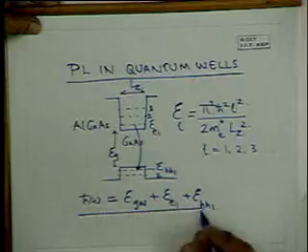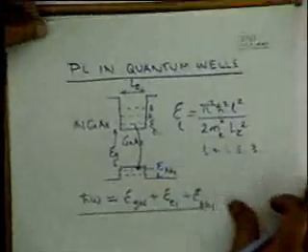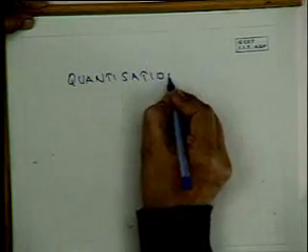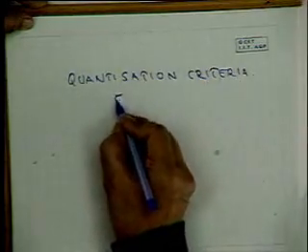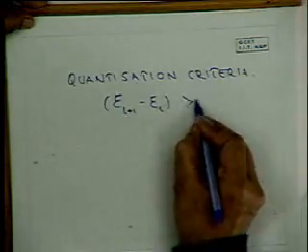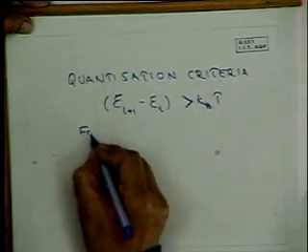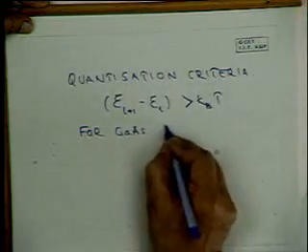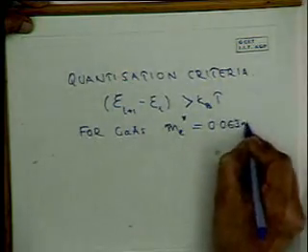We'll see that the quantization criteria, for the effect of the quantum wells to be felt and observed in luminescence, is that the difference in energies between the levels E_(l+1) minus E_l should be greater than k_B T. The thermal energy for gallium arsenide with m_e star equal to 0.063 m_0.